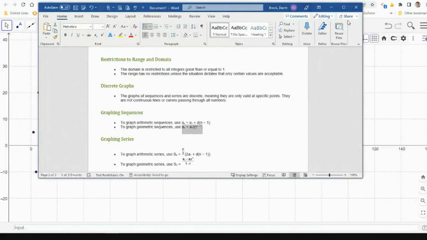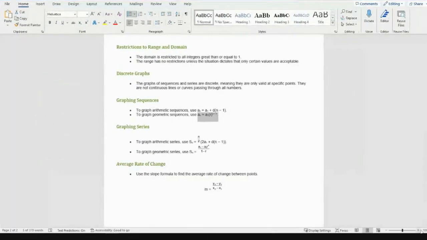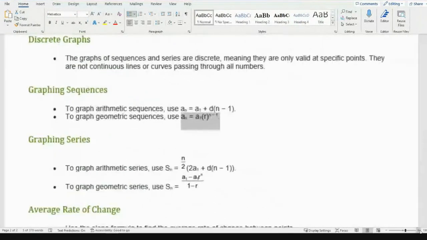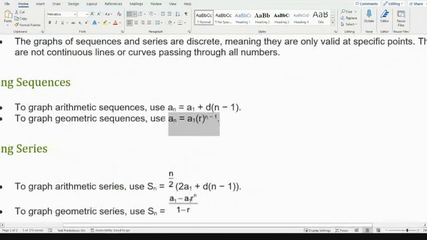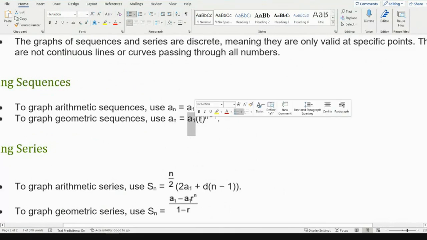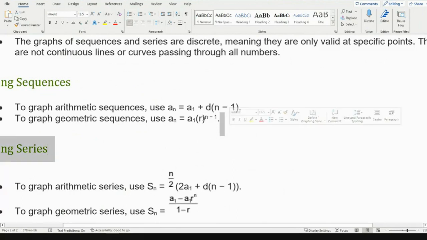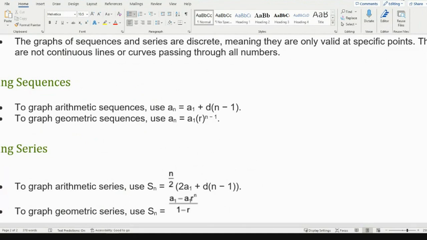Let me make that bigger. If we want to graph an arithmetic sequence, we know how to do that one, using the formula. For a geometric, we use a sub n equals the first term times the common ratio raised to the power of n minus 1. That was to graph a geometric sequence.